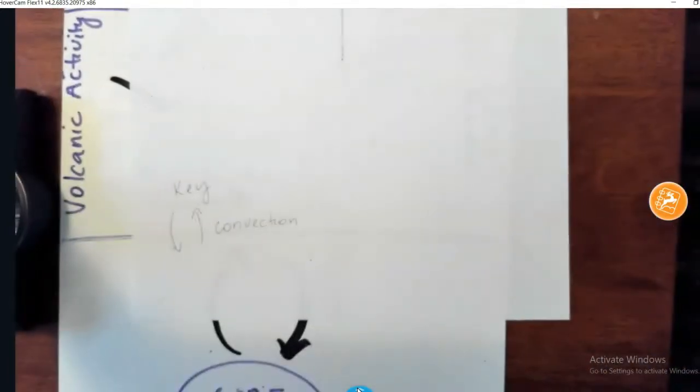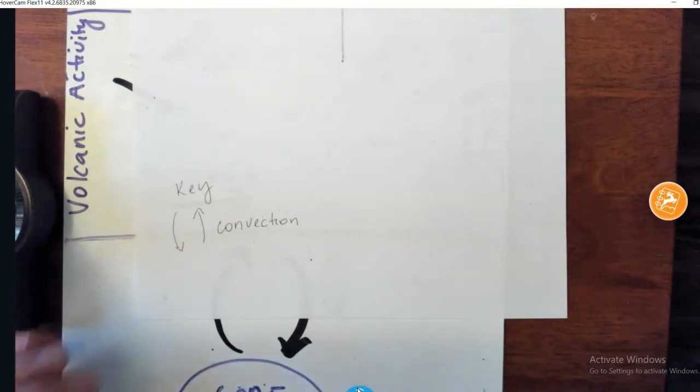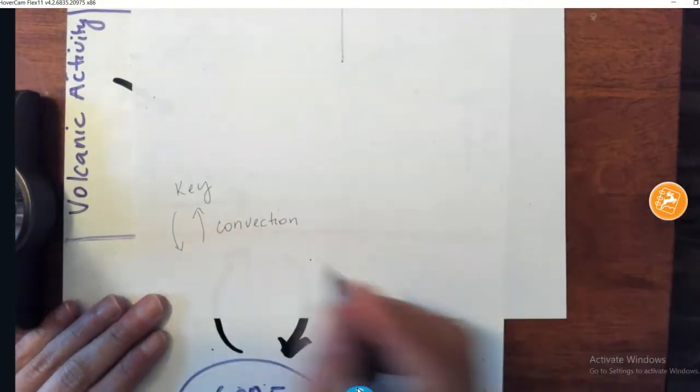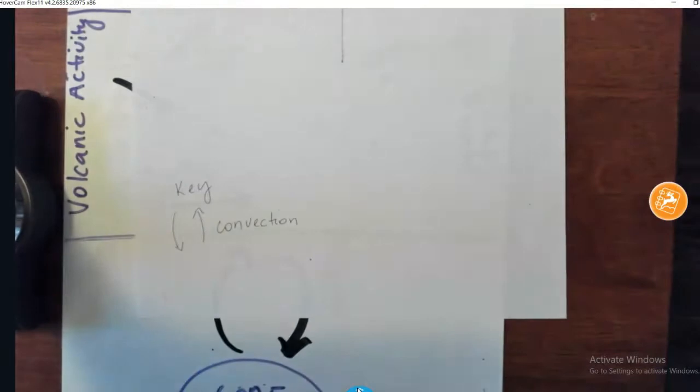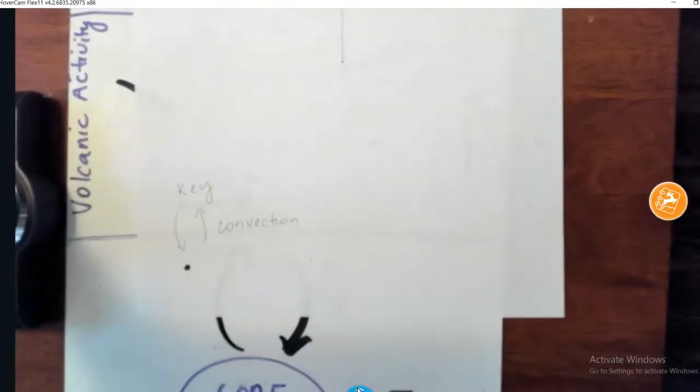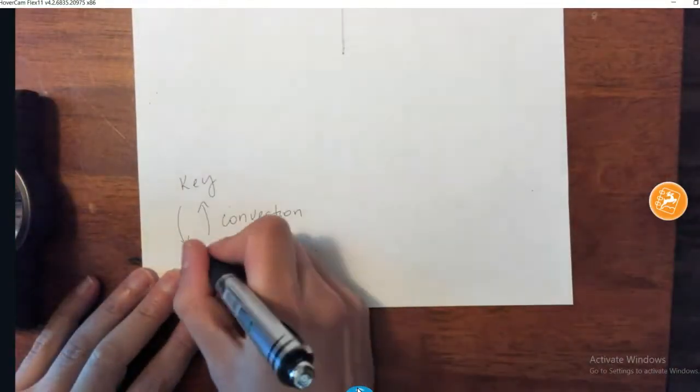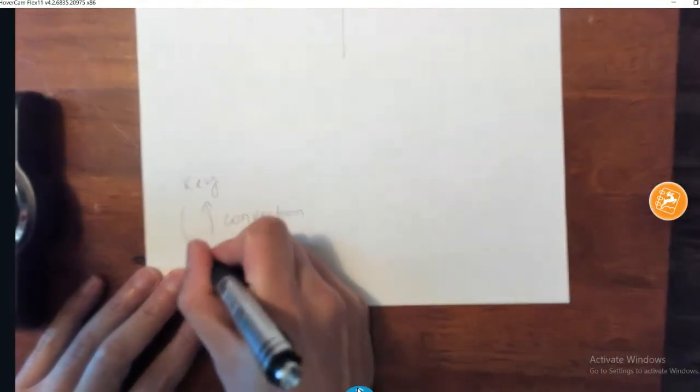And in my key, if you try to represent something, you can represent however you like, as long as you have a key. The only reason I'm making the key on a separate piece of paper is because this board is very small, but ideally you would have everything in one place. So let me do that. I would put that this is rocks.